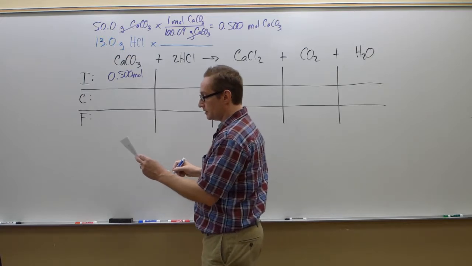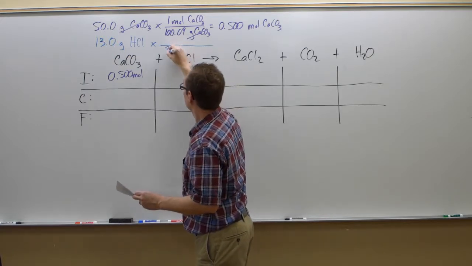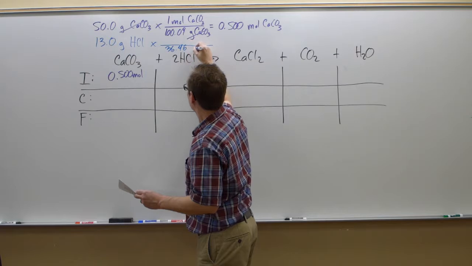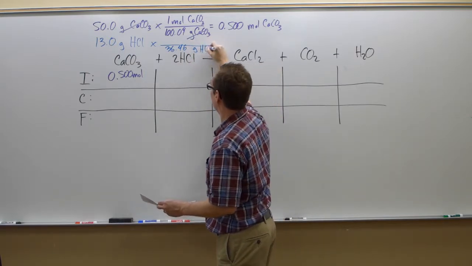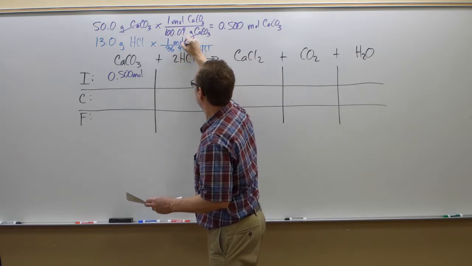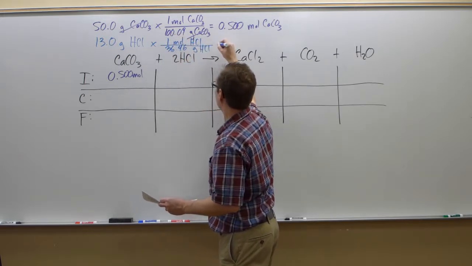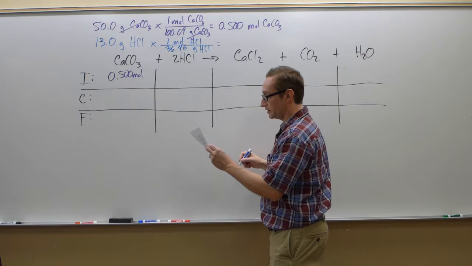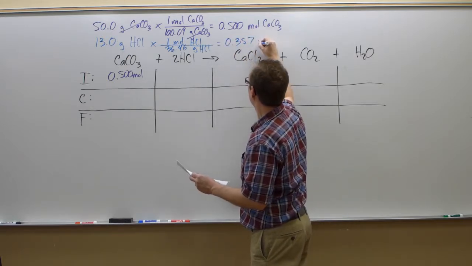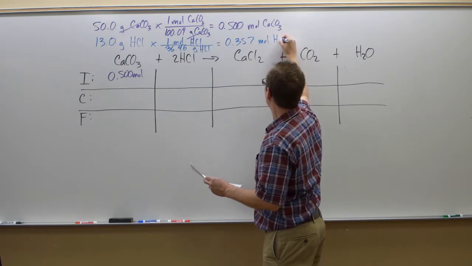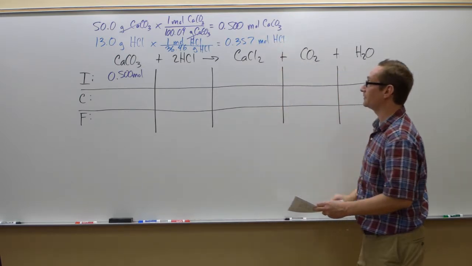Molar mass of HCl turns out to be 36.46 grams of HCl for every 1 mole, and I end up getting 0.357 moles.